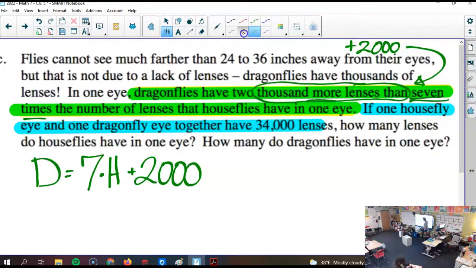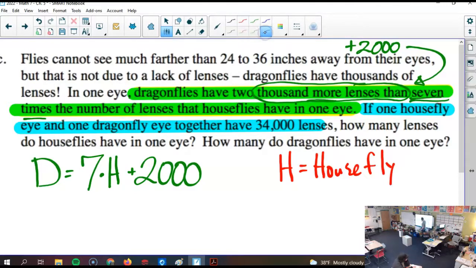And I'm just going to make a little note. H equals housefly. We don't really need that if we wrote it up here or something like that. And then Eve, when they say together have, how are we going to put them together? Yeah, we're going to add them.